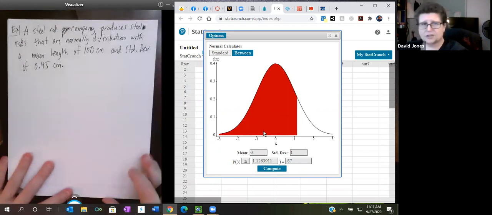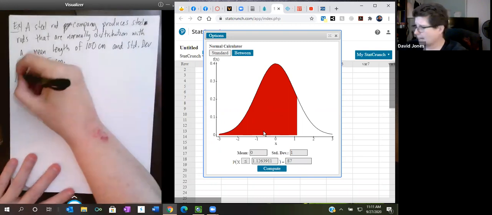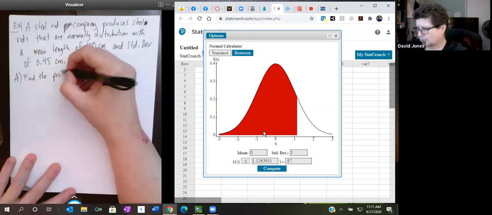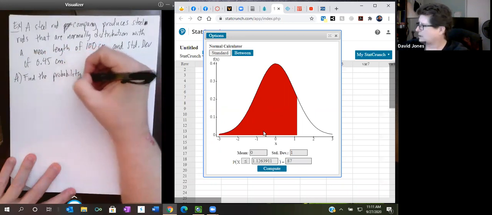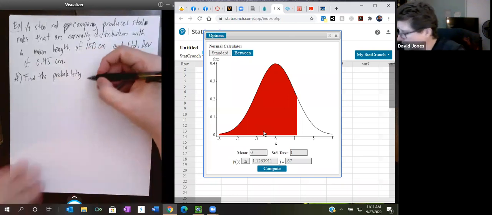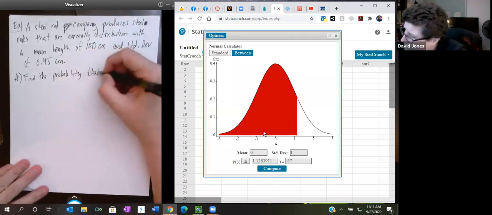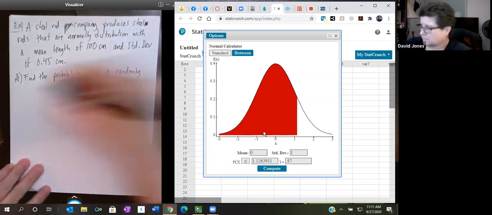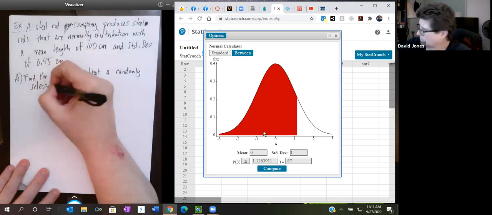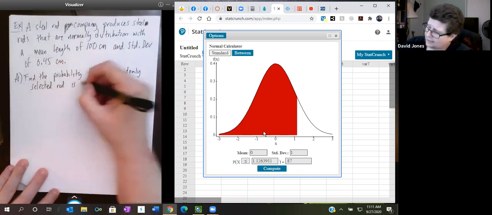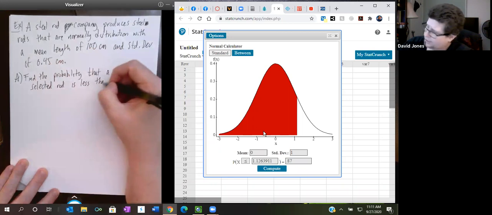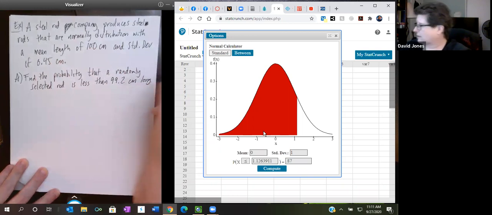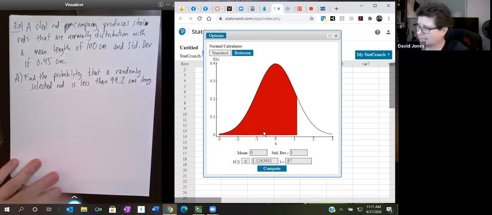I'm going to give you 2 questions. A, find the probability that a randomly selected rod is less than 99.2 centimeters in length. And is this unusual?